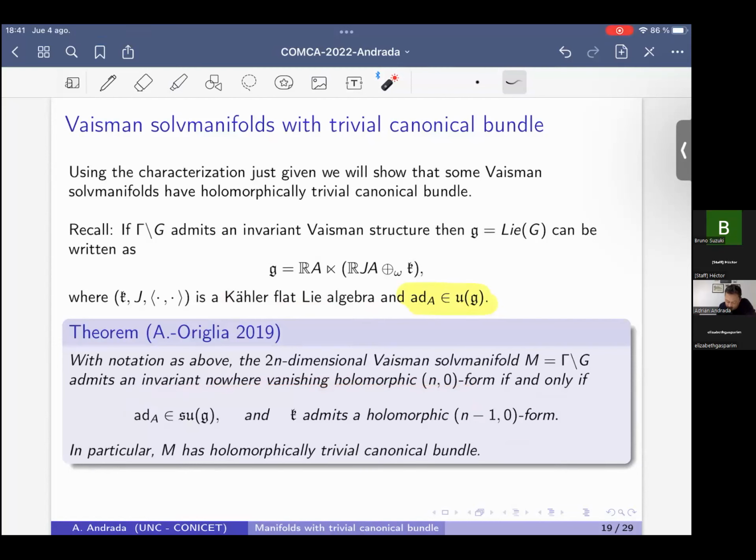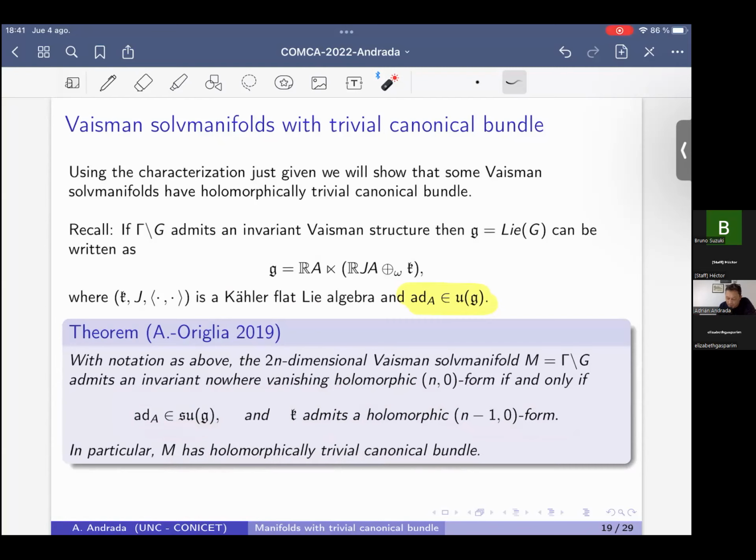This means that M has holomorphically trivial canonical bundle. So, well, we can produce examples because we have a way to construct this kind of Lie algebras, the Lie algebras with the Calabi-Yau structure, and we can understand also how to construct these derivations.